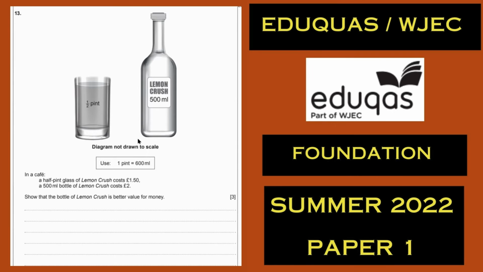Number 13, more lovely clip art. Don't we love it? Not drawn to scale. You don't say, Sherlock. In a cafe, half a pint is £1.50.